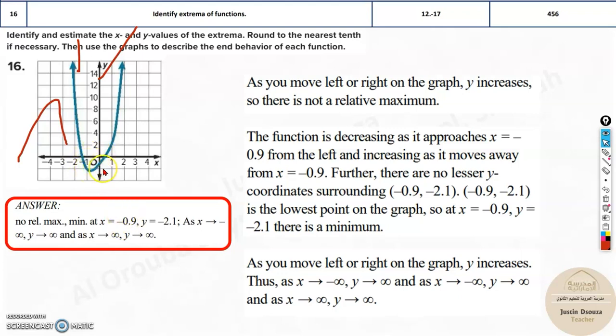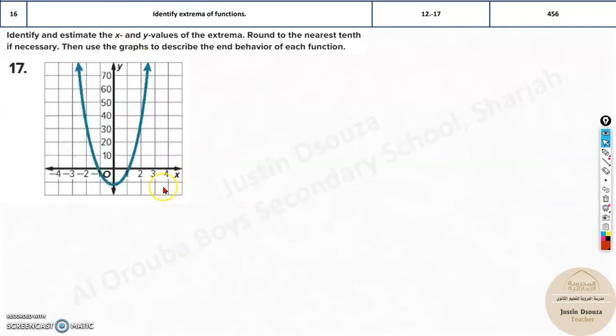And the y value is over here. See, the scale is 2, so this means it's 2 and a little more than that, negative 2.1. And for end behavior, we know as x goes to negative infinity, y is positive infinity, and again as x tends to positive infinity, y is above, so it's positive infinity. Same way, please do the other problems.